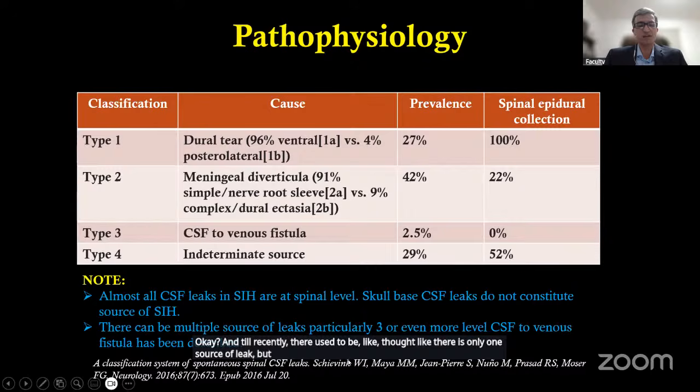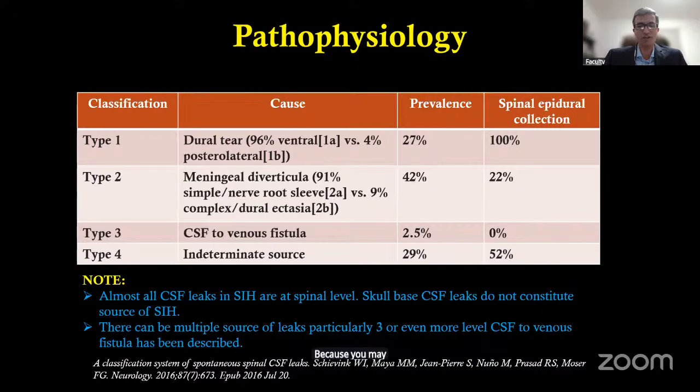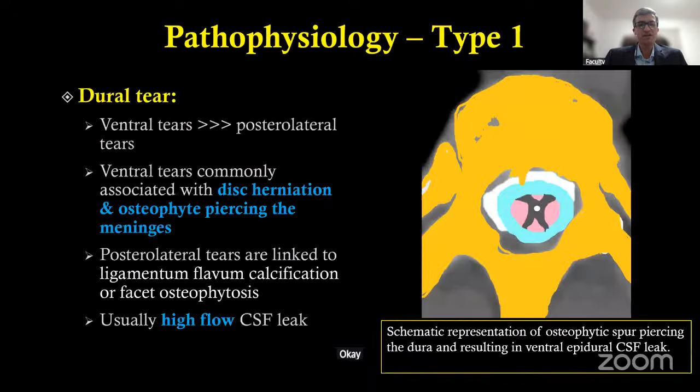But a most recent publication says you can have multiple sources of leak. That means a patient can have 3 or more CSF to venous fistulas at different levels. So if you see one, there should not be satisfaction of search, because you may find more than one. Okay.